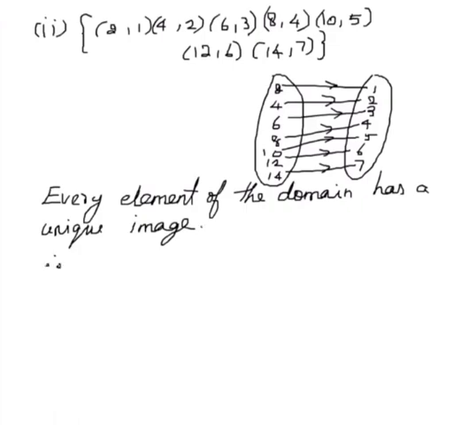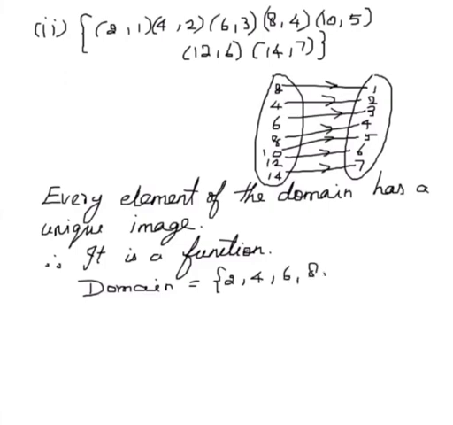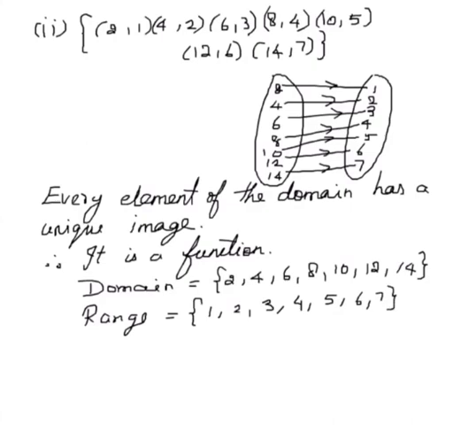Therefore, it is a function. Now, in case it is a function, we have to write the domain and the range. Domain is set of all first elements: 2, 4, 6, 8, 10, 12 and 14. Range is set of all second elements: 1, 2, 3, 4, 5, 6 and 7.